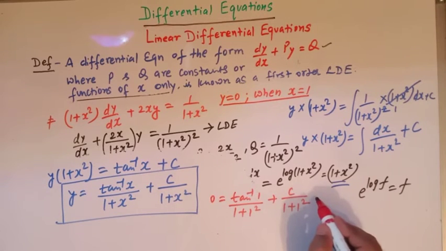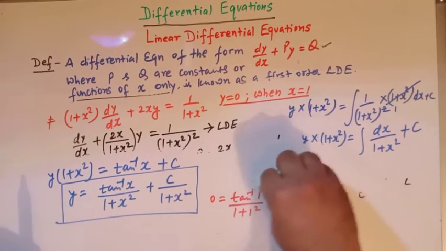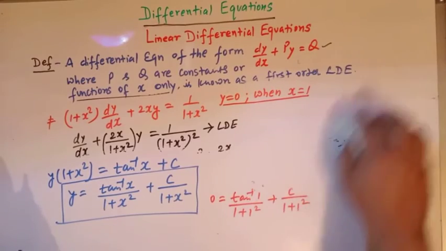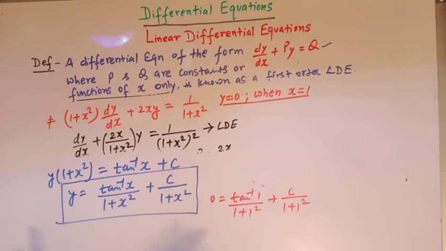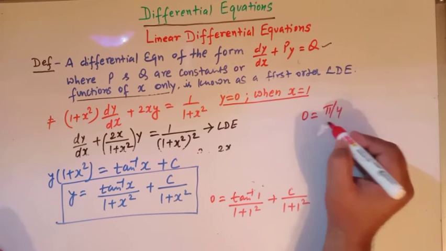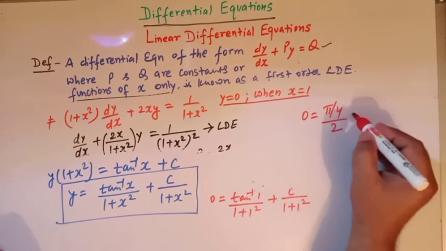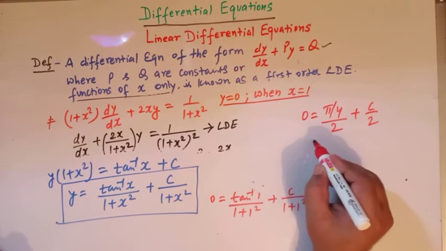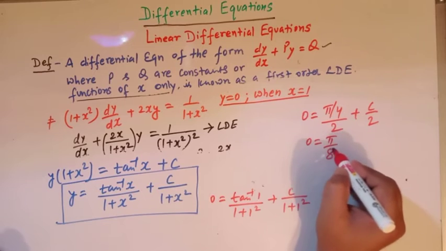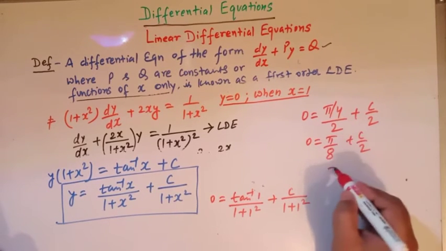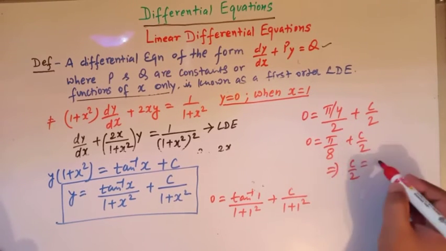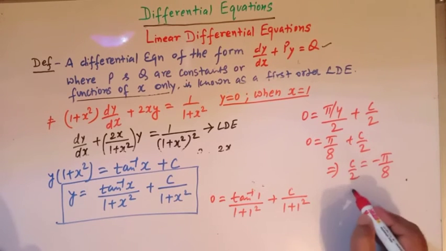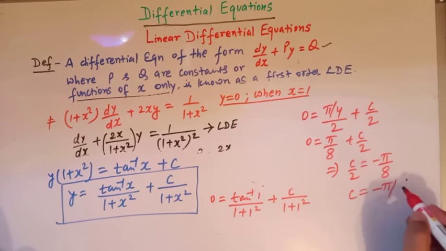Now if we solve it, we have 0 is equal to tan inverse of 1, which is pi by 4, over 2, plus c over 2. Clear? So here we have 0 is equal to pi over 8 plus c over 2, and c by 2 is equal to minus pi by 8, and c is equal to minus pi by 4.